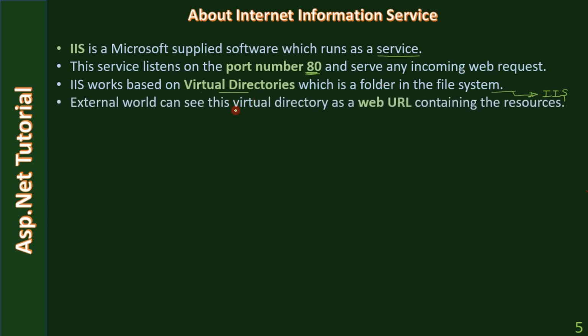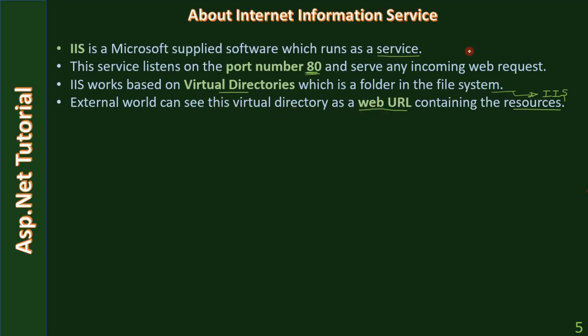The external world can see this virtual directory as a web URL containing the resource. The resource can be anything. It can be a server-side ASPX file, or an HTML file, or even a video file for download. So it can be any resource. The external world can see this virtual directory as a web URL.